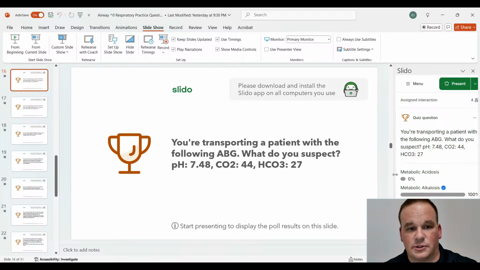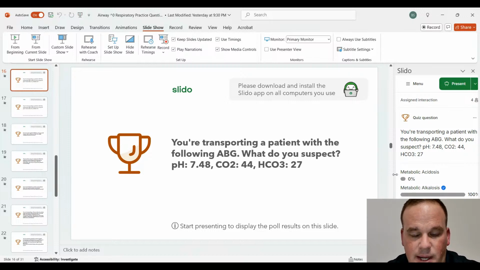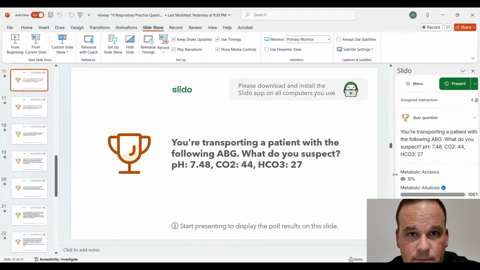Very good job. With these ABG problems, and I feel like for a lot of paramedic students they kind of become an arch nemesis as you move through paramedic school. You should be prepared on the National Registry to not only interpret ABGs as we've seen them here and say, oh, that's metabolic acidosis or respiratory alkalosis, but you also need to be able to identify what some causes of that could be.